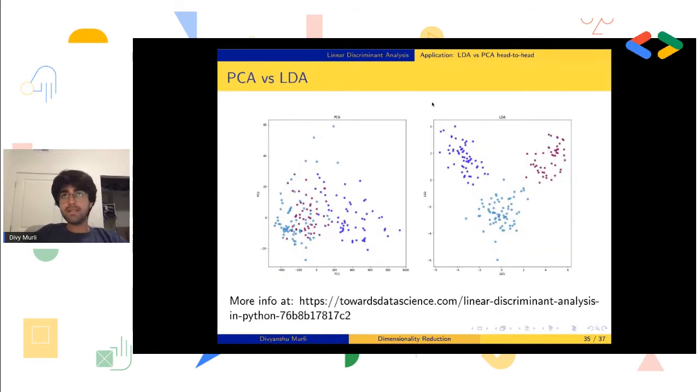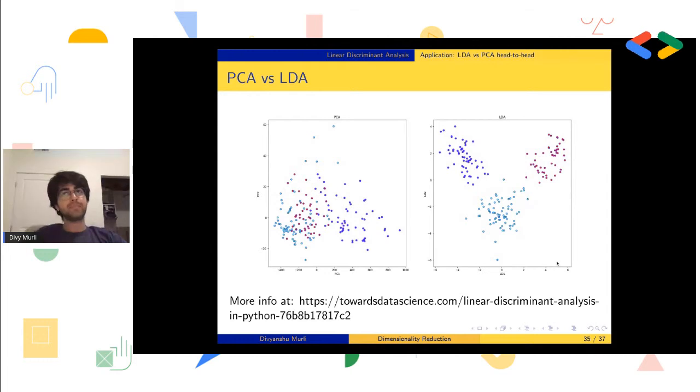And in this case, LDA actually does significantly better than PCA. PCA doesn't know anything about the classes, so all it does is find the directions of maximal variance, and now I'm just projecting onto those 2 directions of maximal variance. In LDA, I'm trying to find those decision boundaries that separate classes maximally.